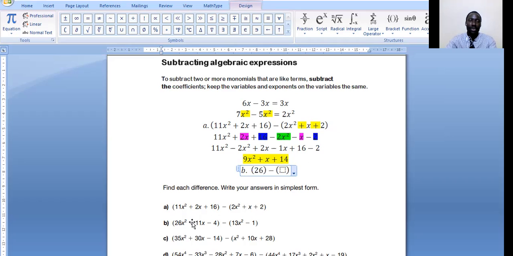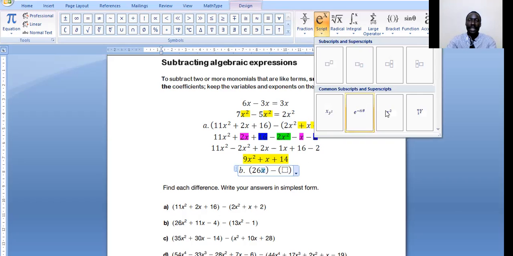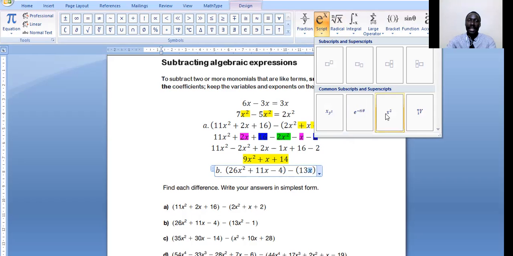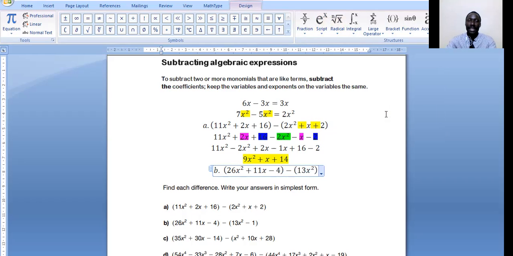We have 26x squared plus 11x minus 4. Then in the second bracket, we have 13x squared, then we also have minus 1. That is what we have in the question.